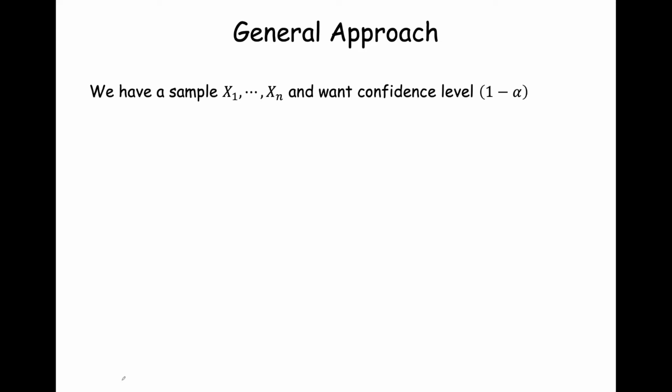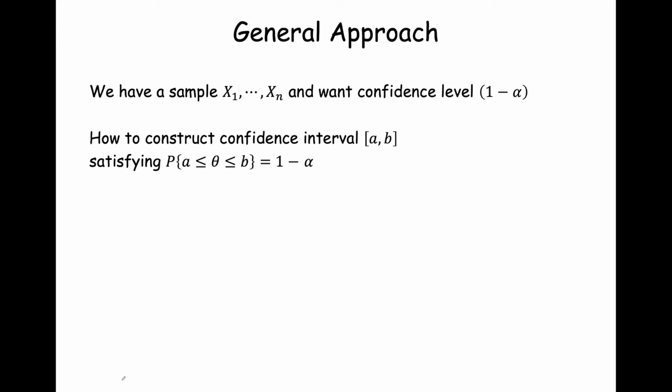So let's say you have a sample, x1, x2, x3, up to and including xn. So you have n many samples, and you want a confidence level of 1 minus alpha. If alpha is 0.05, this would be a 95% confidence interval. So how do you construct this confidence interval AB?